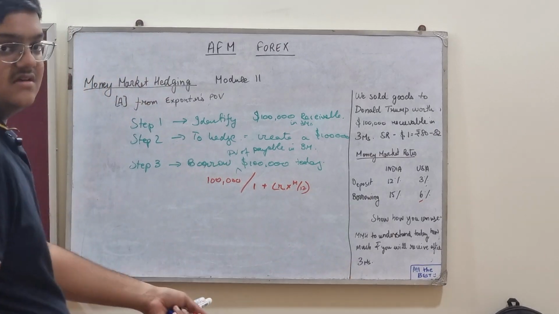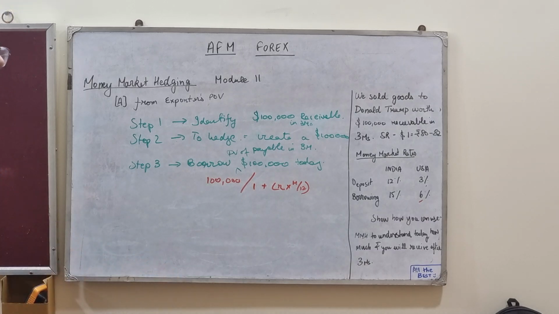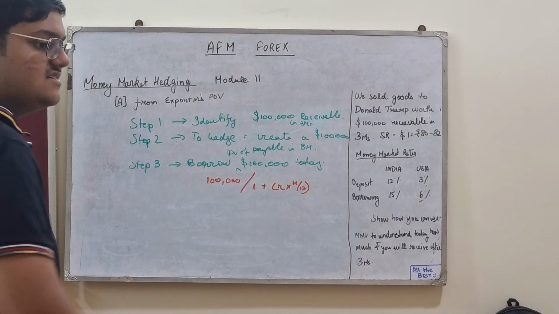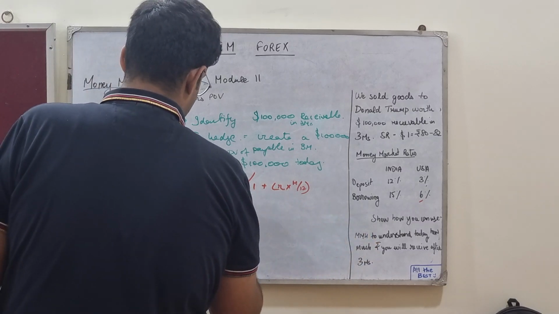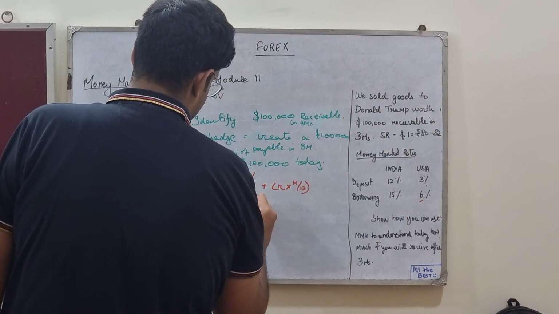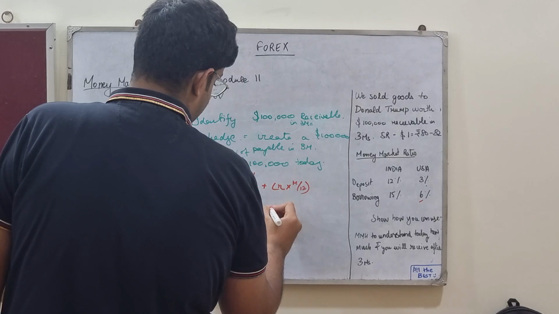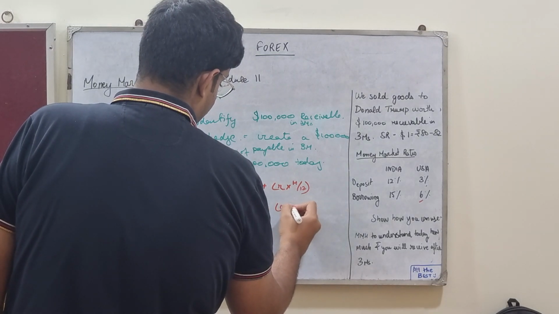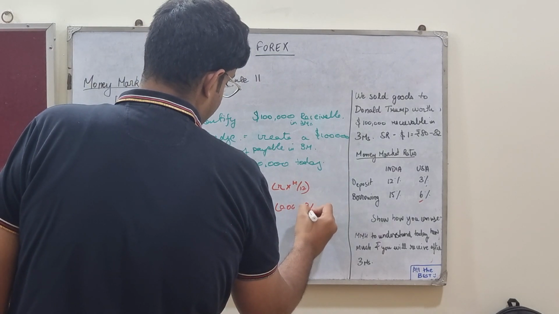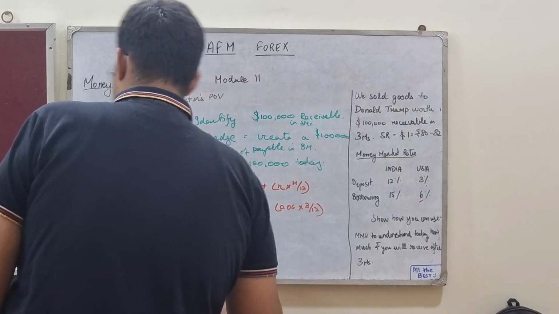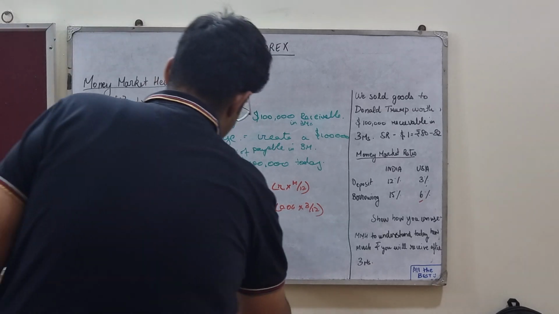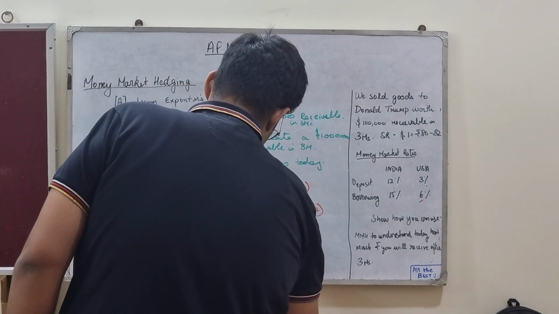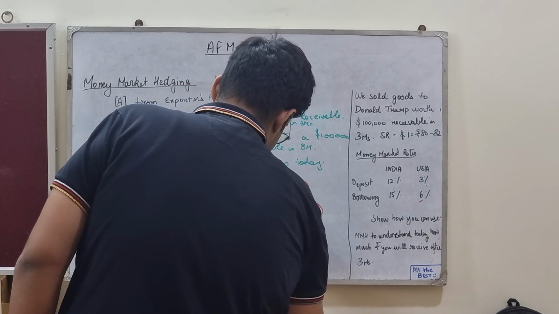This is basically the present value formula of foundation and inter, even maths. It's basic. $100,000 divided by 1 plus 0.06 into 3 by 12. This should give me $98,522.17.